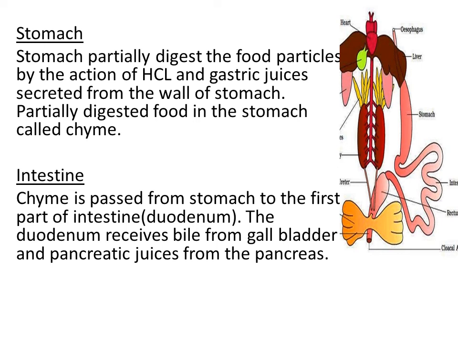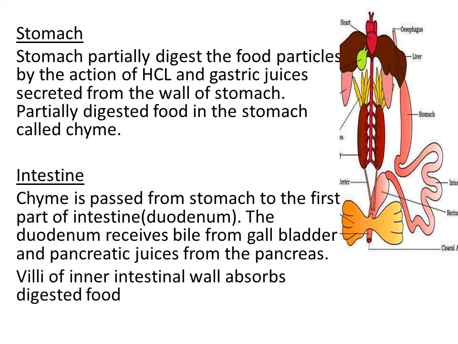So which part of the digestive system helps in throwing out waste? You can see just below the intestine there is one more part, that is called the rectum. The rectum is the region where solid undigested waste material partially gets stored. So the rectum is the region where the partial storage of solid undigested waste material takes place.